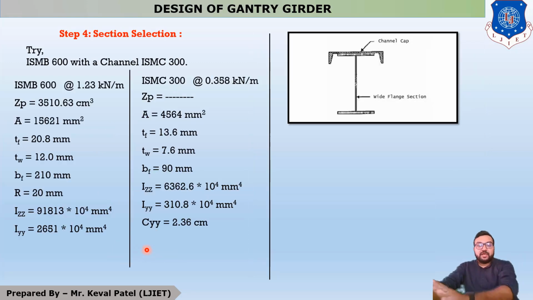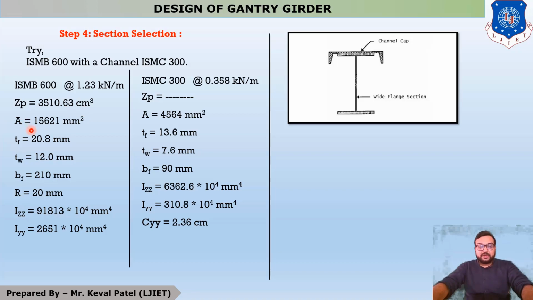Okay, now with the help of steel table, we are choosing our ISMB 600 with a channel section of ISMC 300. Okay, now what are the properties of ISMB 600 at 1.23 kilonewton per meter? So these properties are found from the steel table. Okay, so you can see that the property of ISMB 600 has the value of Zp as 3510.63 cm3.